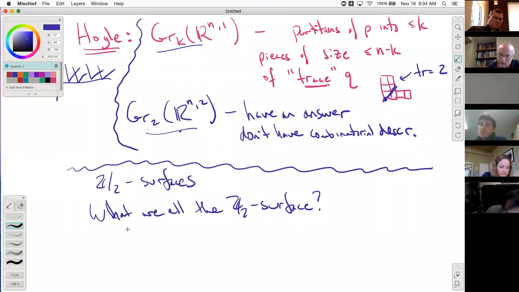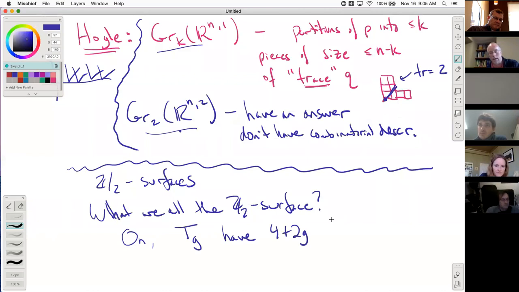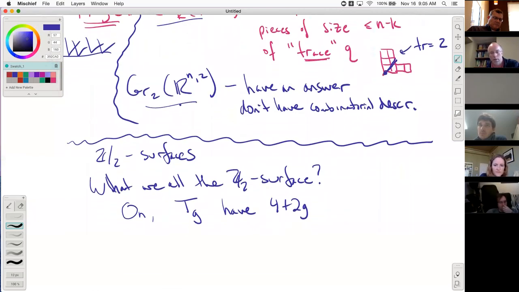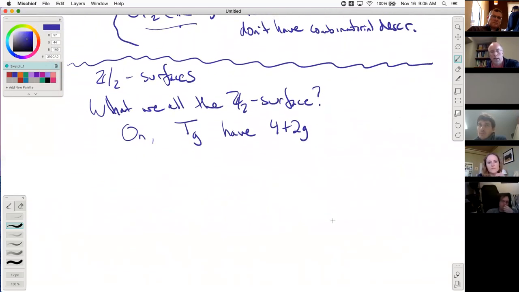And to some extent it's not, and to some extent it is. So on the genus G torus, it's very easy. You have 4 plus 2G of them. And you can write them all down. I'm not going to do it at exactly this moment. But you take a little time and think about the obvious Z2 actions on tori, and you'll write them all down. Okay. And this has been understood at least since the time of Felix Klein, back in the late 1800s.